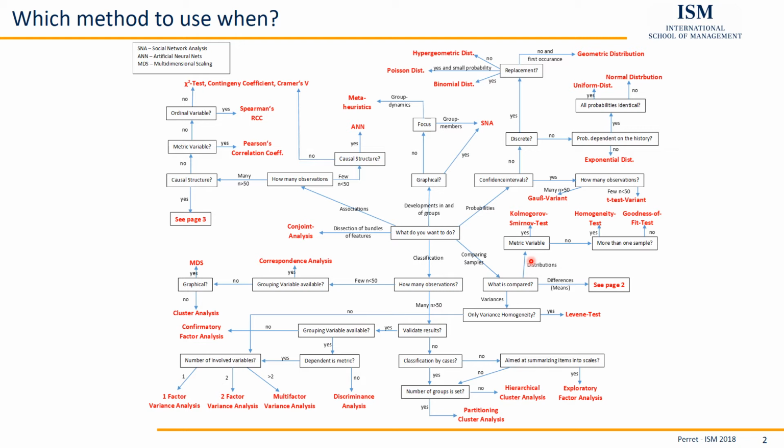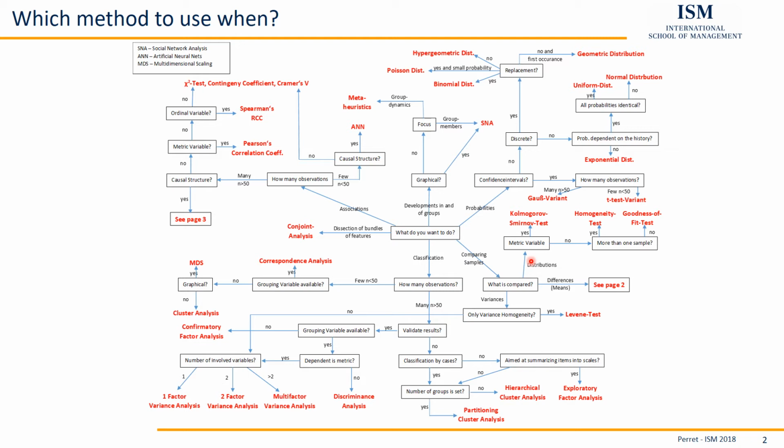Okay, so what if the variable is not metric, if you have different classes, if you have only nominal data? Well, then the question would be, do I only have one sample, and I want to compare this sample with a given distribution? Then I could use a goodness of fit test.